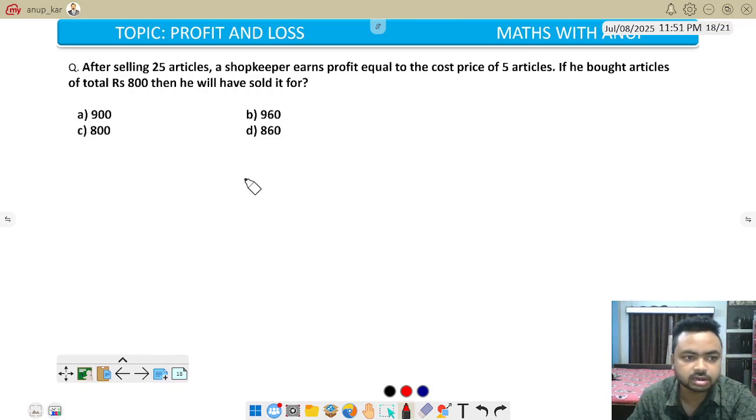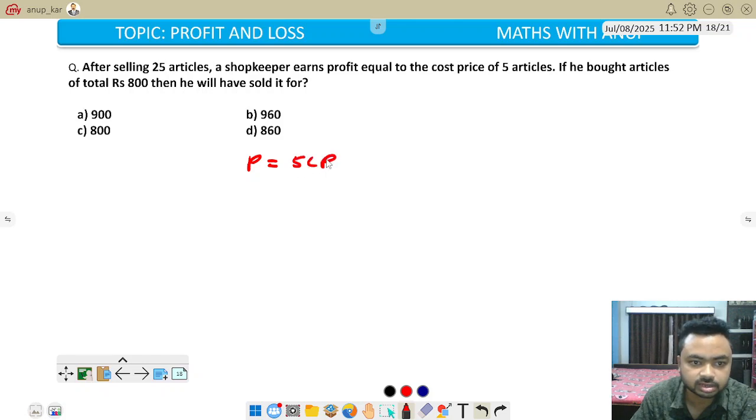So here, after selling 25 articles, a shopkeeper earns profit equivalent to cost price of 5 articles. So see, here we have to consider that he earns a profit equal to the cost price of 5 articles.